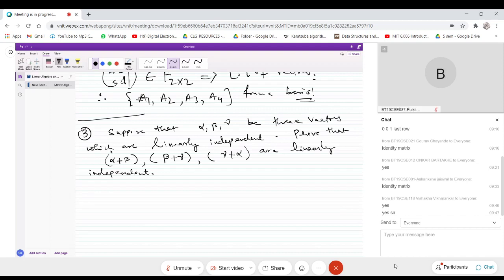So you can either go for that directly, you can solve the system, or you can have a system of equations in terms of P, Q, and R. And I think the system will give us the unique solution. If it is a unique solution, then the vectors are linearly independent. That way you can do it.